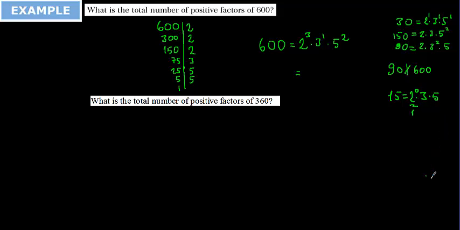So here at the end we are going to say like this: a factor of 600 is going to be equal to 2 to the power of a times 3 to the power of b times 5 to the power of c. Here I forgot to write a.